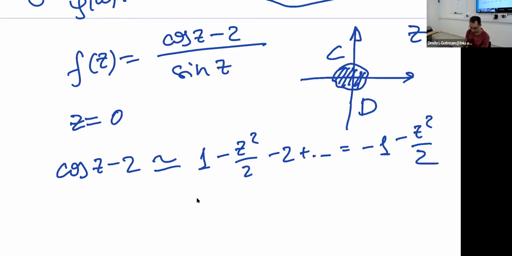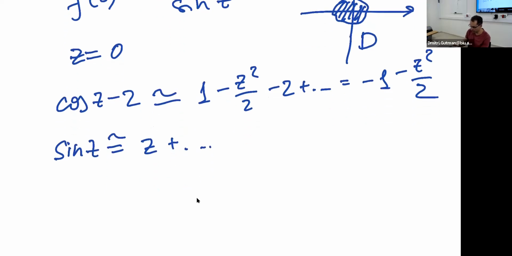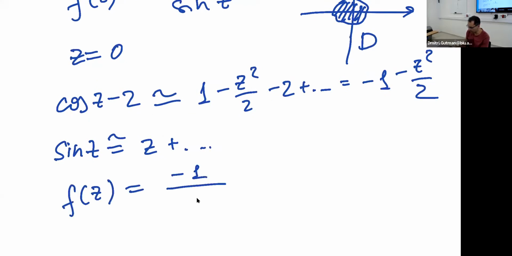Okay, so sine z is essentially z plus corrections. So what it means is that the function f of z is essentially minus 1 divided by z. So near the point of origin, the function f of z behaves as minus 1 divided by z. What does it mean, what is the residuum of function f at point 0?